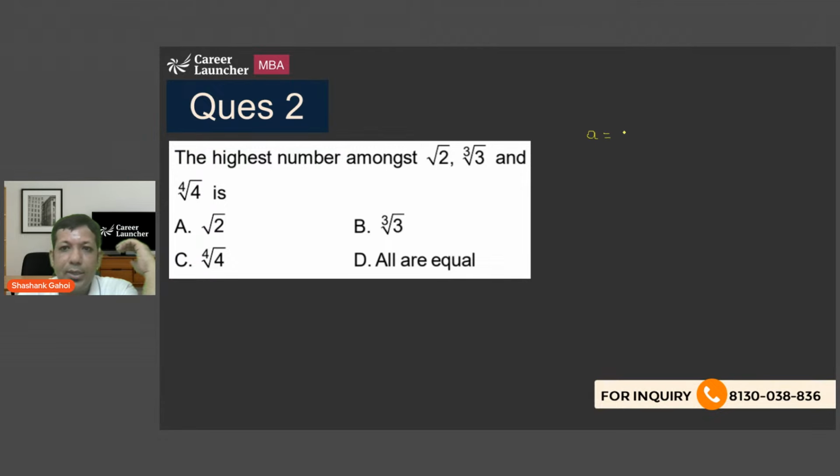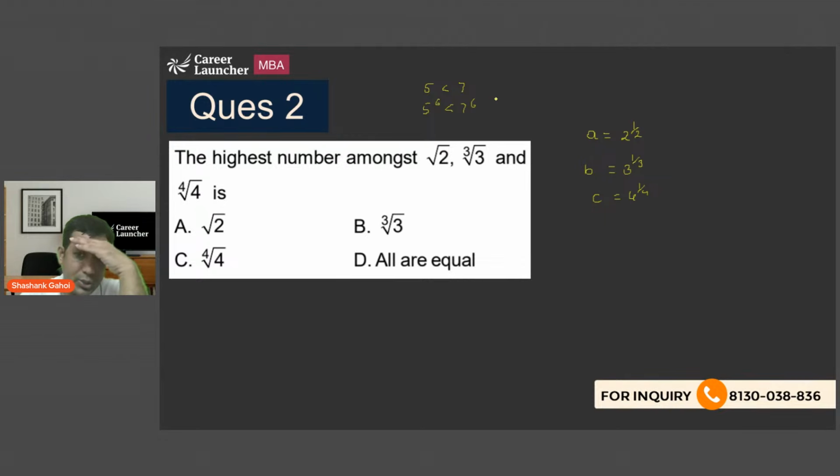Now I am saying A is equal to 2 power 1 by 2, the square root of 2. B is equal to 3 power 1 by 3. C is equal to 4 power 1 by 4. I need to compare A, B, C. Let's say 5 is smaller than 7, so I can also say 5 power 6 is smaller than 7 power 6.